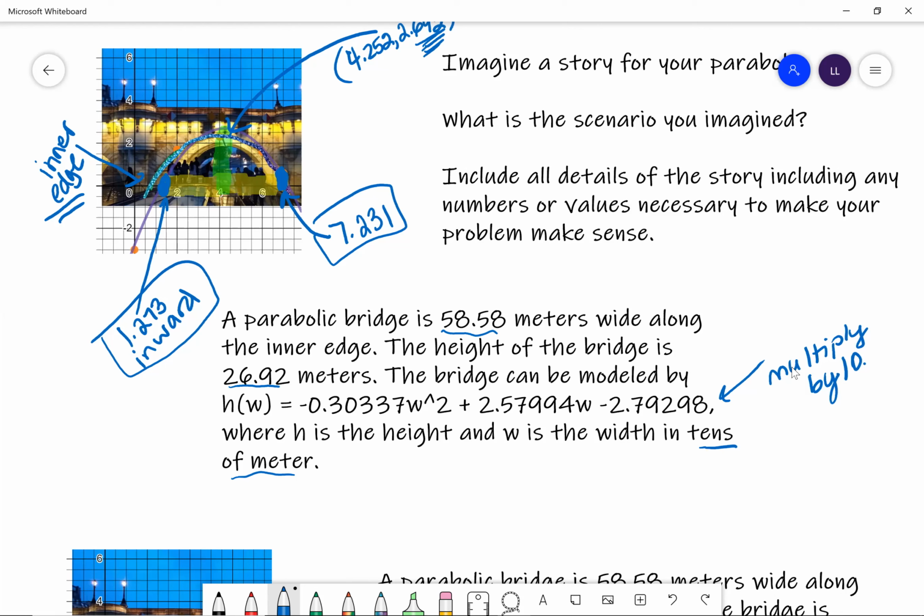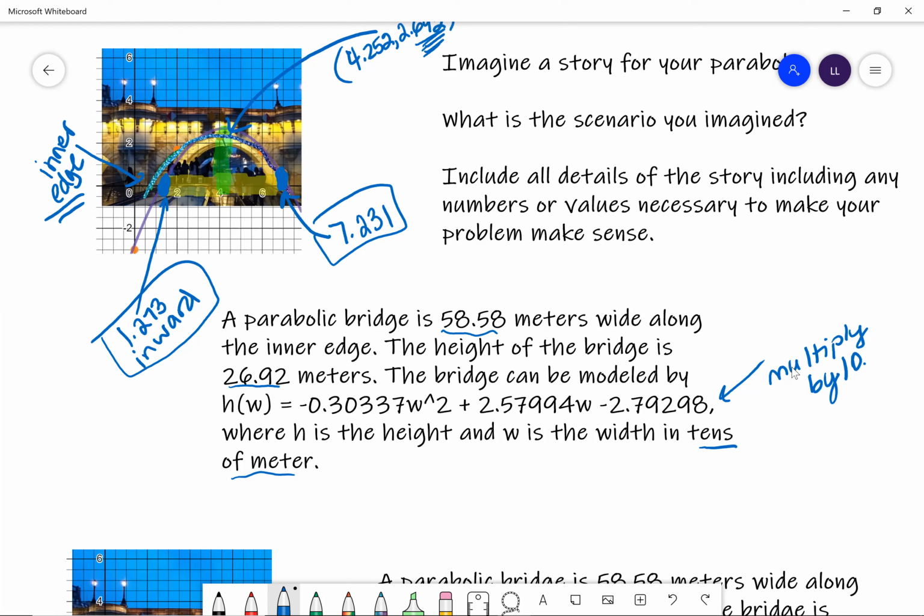Now let's talk about the domain, because that's why we're here. We're saying that the domain is the width. That's what I'm saying to you. My domain is the width, and I'm gonna actually highlight this in yellow because that's how wide the bridge is, right? My domain is how wide the bridge is.